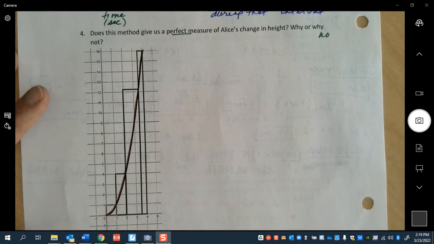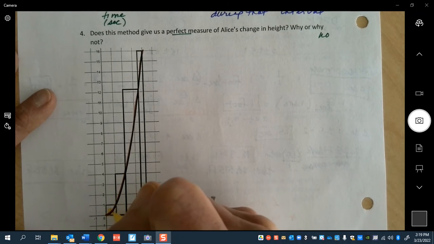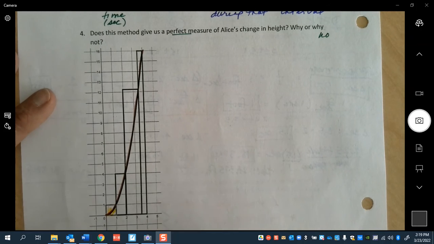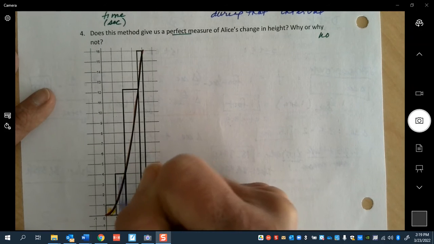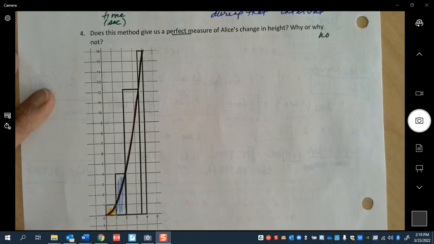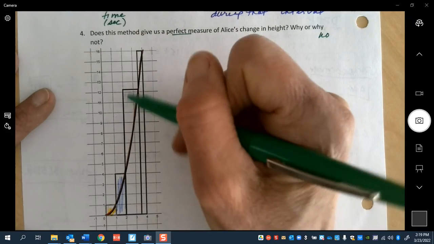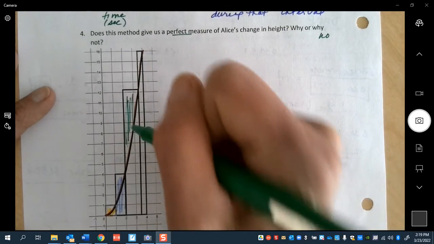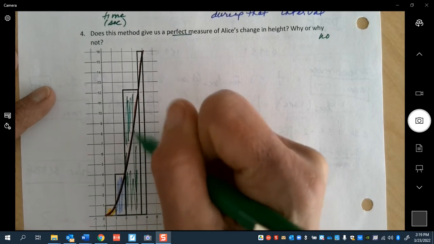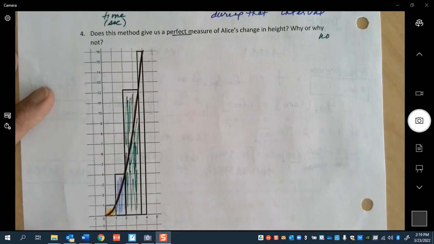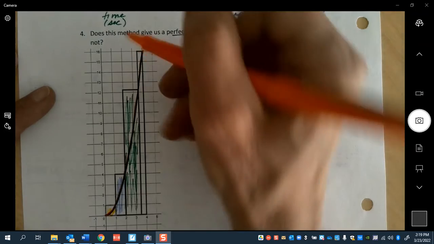So as I look at each rectangle that I have here, when I go to find what each rectangle represents, theoretically, the only part that has to do with what I care about is the stuff that's under the curve.